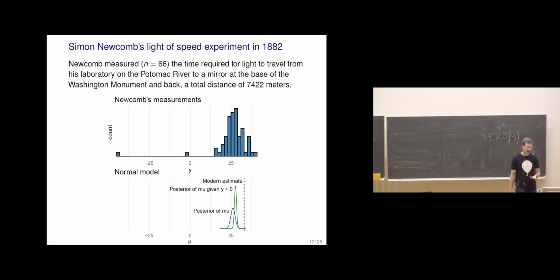But this is likely just because Newcomb had some kind of bias in his experiment, so there was something biasing the result all the time in the same direction, and then it doesn't help if you get more observations.